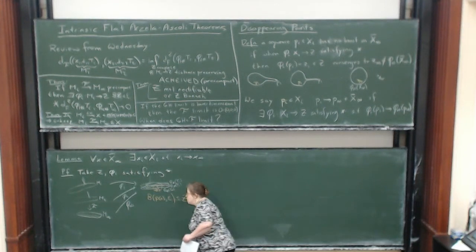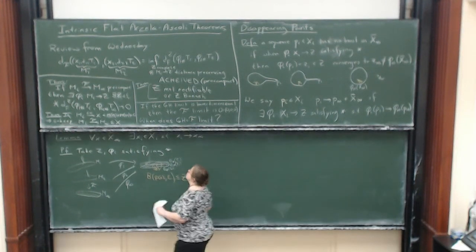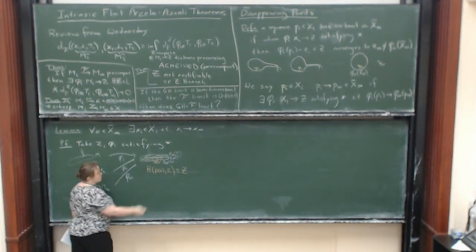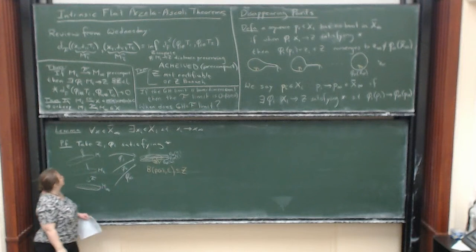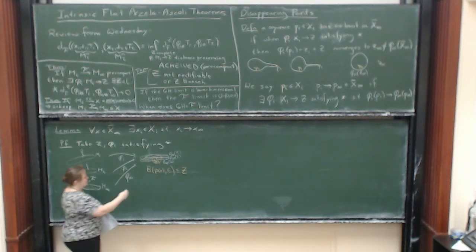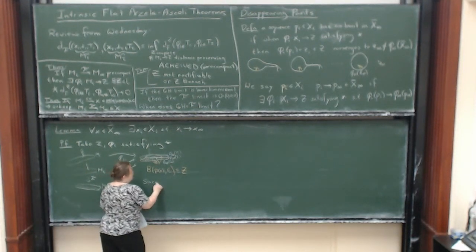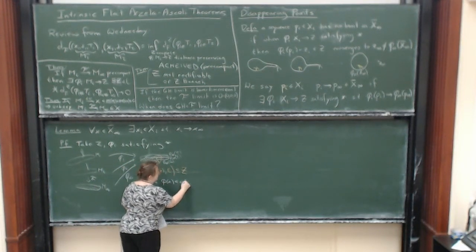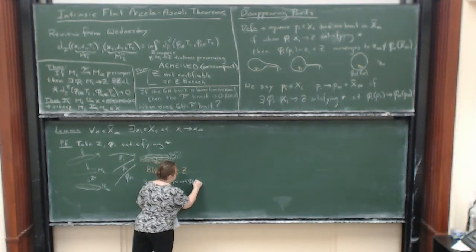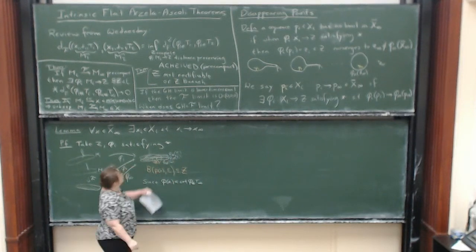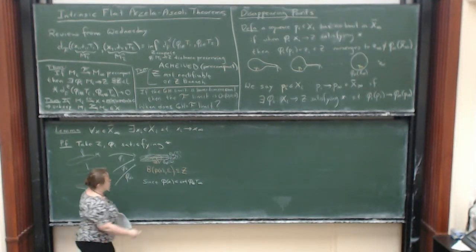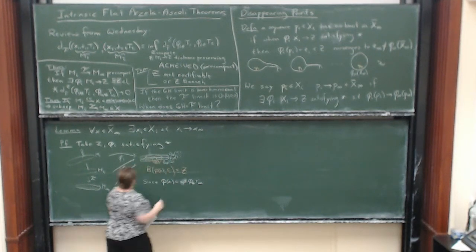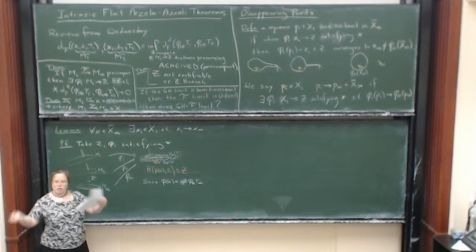And because phi of x is actually inside the set of phi number T infinity, that's what's given. We're assuming that x is in the support, because it's the completion, the closure of the set.